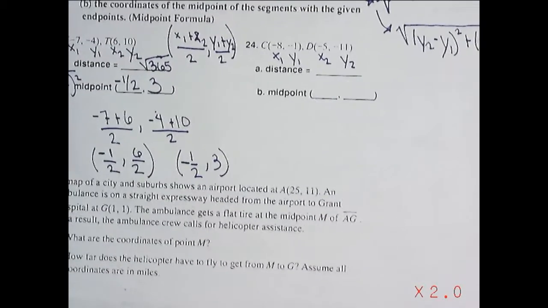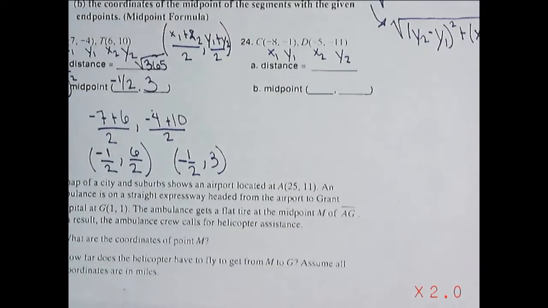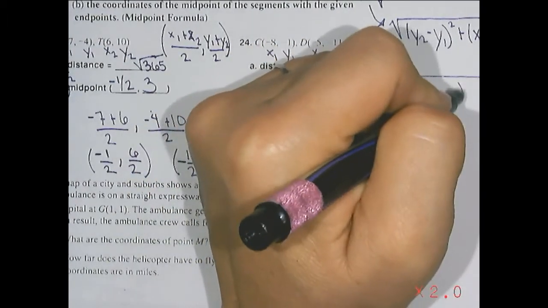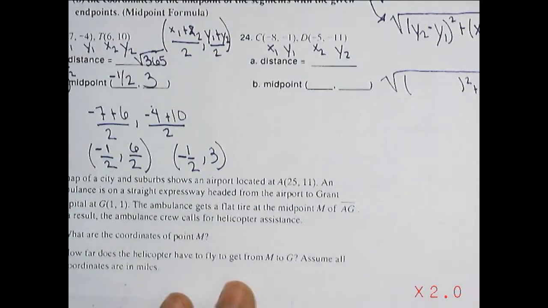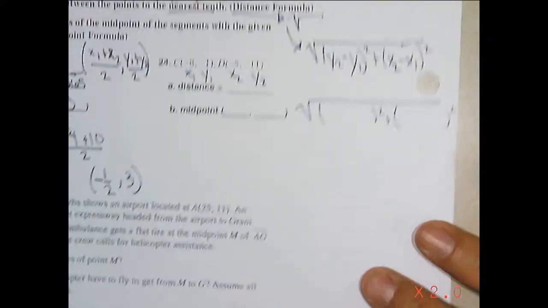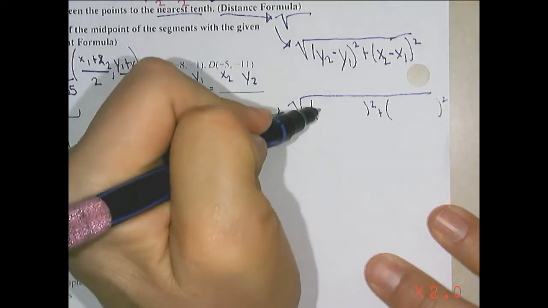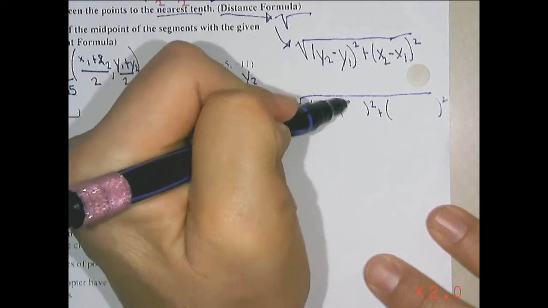And then moving over here to 24. Again, I get to do the distance formula. So I'm going to plug in all the points that I need, add them together. And I'm running out of room on my screen. Here we go. Okay, so I'm going to look at my y's. I'm going to do negative 11 minus negative 1.